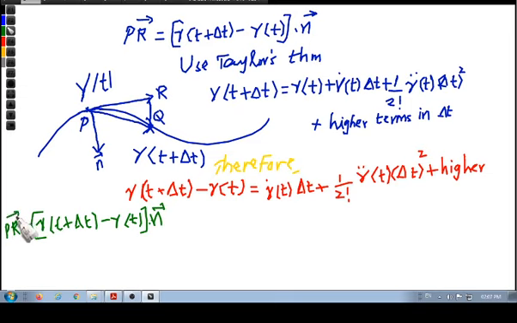That means deviation of the vector PQ from its tangent. No, this is not PR, it is RQ.